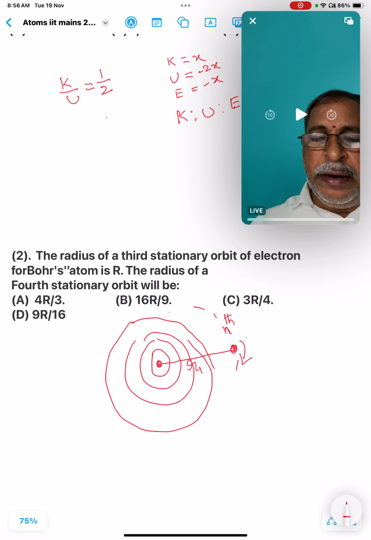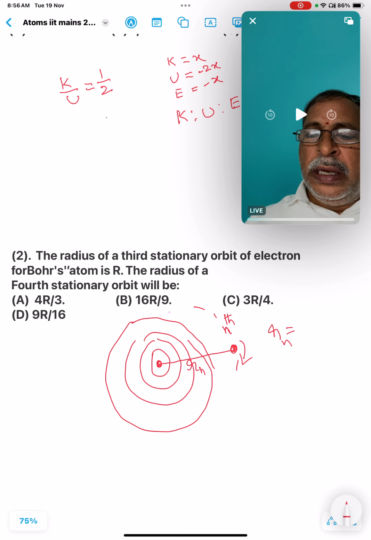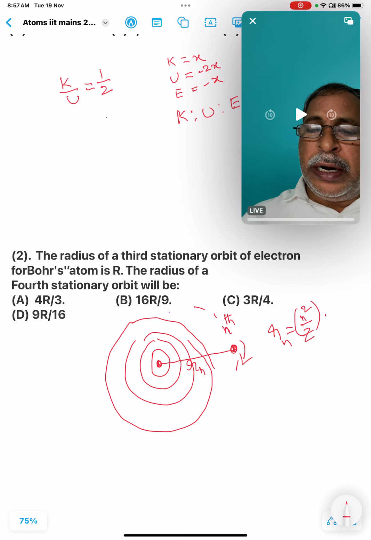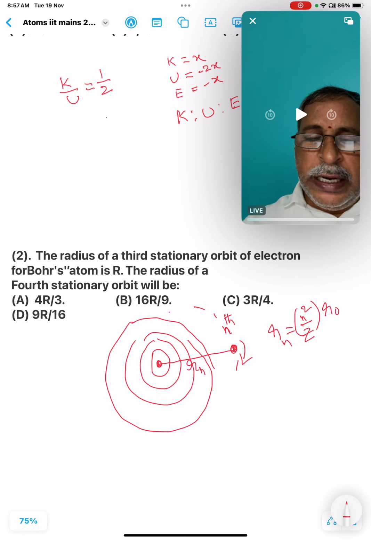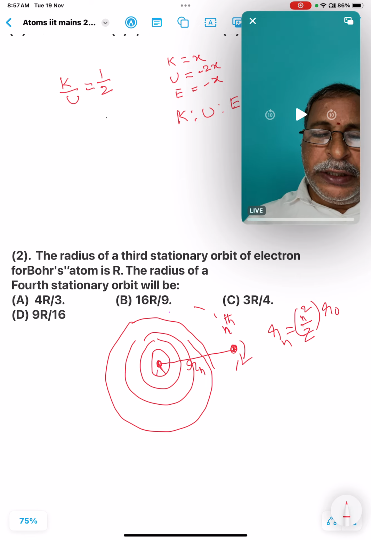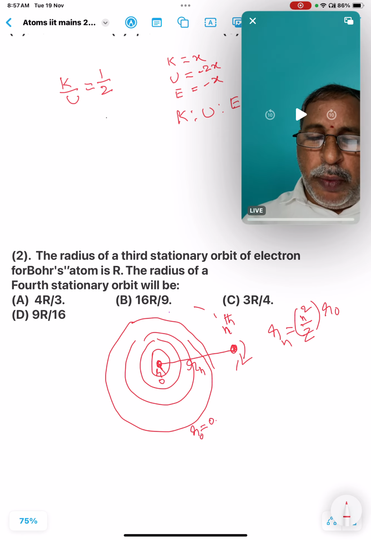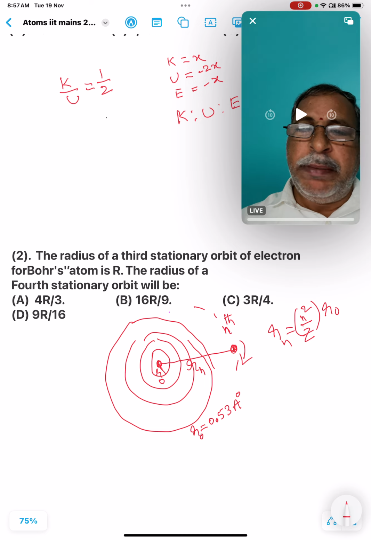Rn is equal to n square by Z into R naught, where R naught is the radius of the first orbit, called the Bohr orbit. That is equal to 0.53 angstrom. Remember this point. 1 angstrom is equal to 10 power minus 10 meter.